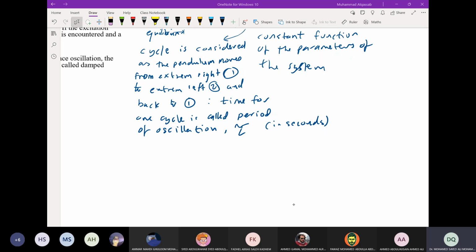But the definition of frequency is F equal to 1 over tau, which is the reciprocal of the period of oscillation, given as cycles per second. That is hertz. That's the definition of the unit hertz. So the natural frequency, we usually call it omega n, or Fn. Fn is in hertz, omega n is in radians per second.